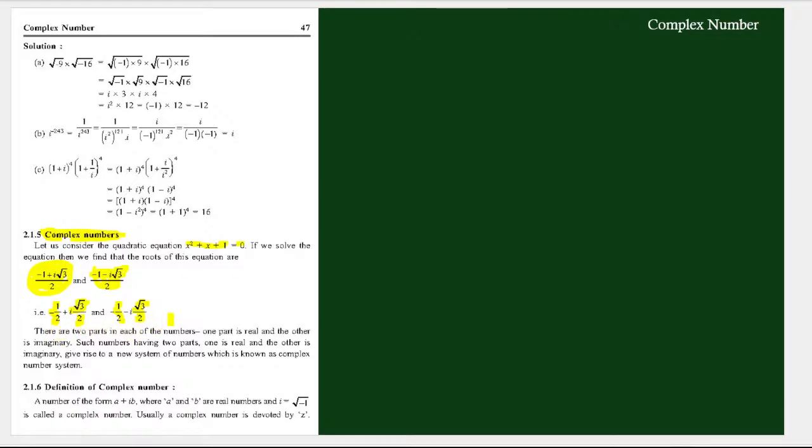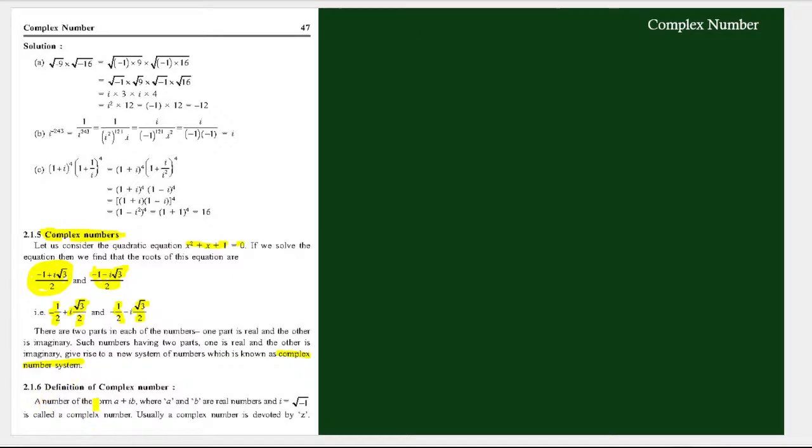Now if such numbers, the real and imaginary, are there, then it goes to this system known as the complex number system. So now this is nothing but your a plus i, and this is your b. Both a and b are real. 1 by 2, root 3 by 2, these are real. This i is your imaginary.